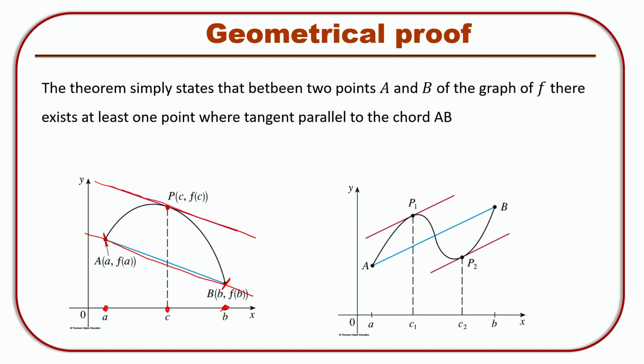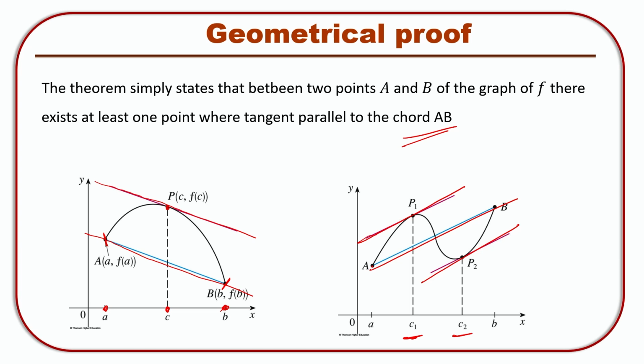That is what we prove geometrically. Similarly, you can have A and B as in this second figure, where there is not only a single point, but two points c1 and c2 between a and b such that their tangent lines are parallel to the chord AB. That's what the Lagrange mean value theorem says.